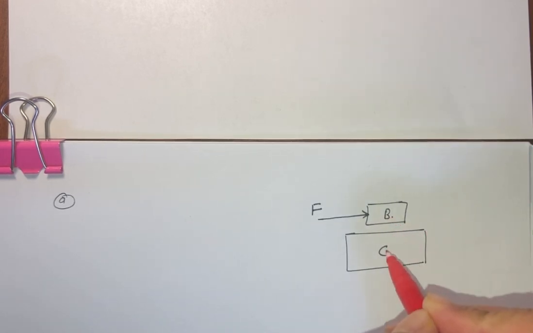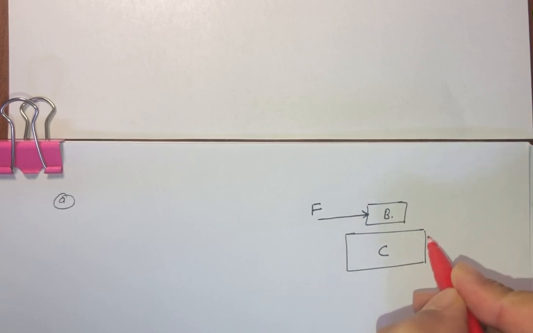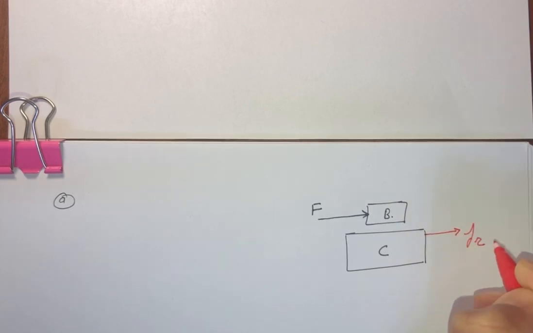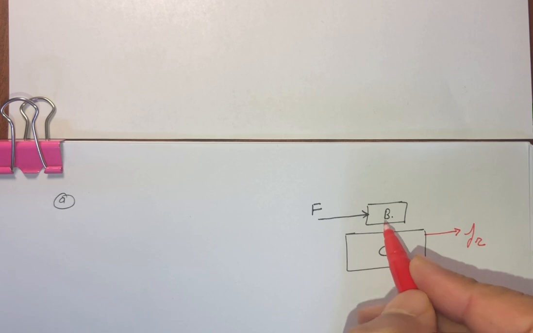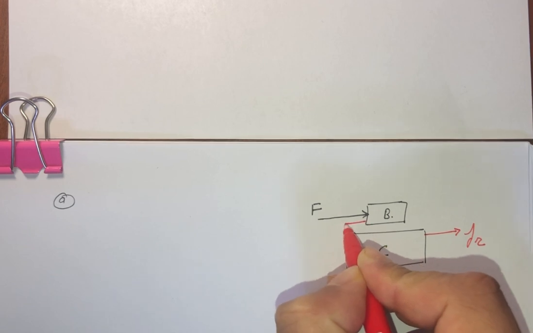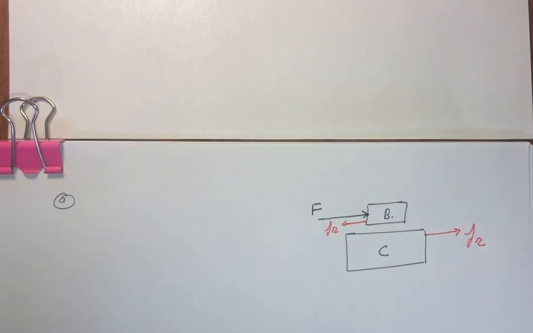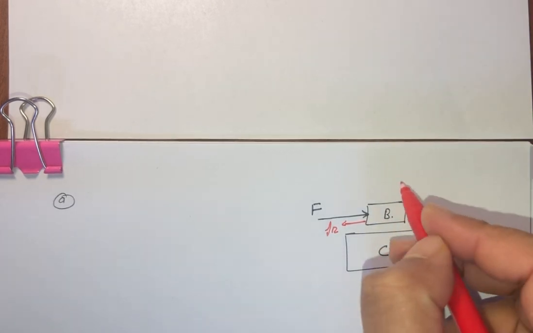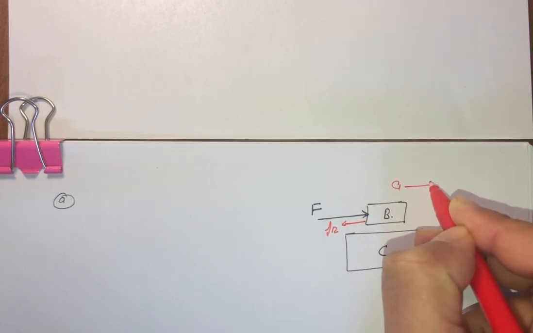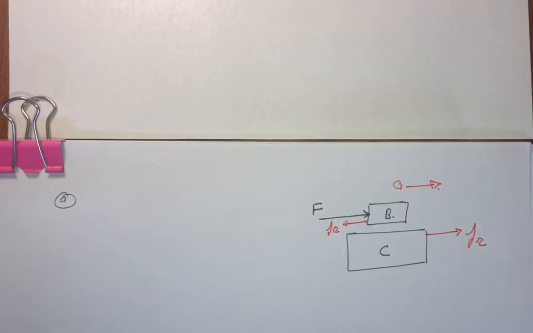So block B will try to force block C towards right side, and let us suppose that force of friction is given as Fr, and we are going to have equal and opposite force that will be acting on block B because of this Fr in this direction. That will be also equal to Fr, and as it is said there is no slipping, it means B and C should move together, and when they move together the common acceleration of both B and C is given as A, which is also towards the right side.